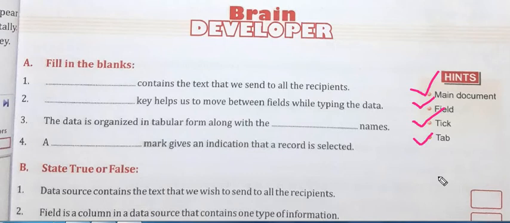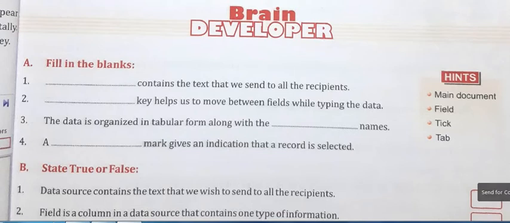If there is one exception, you have to uncheck the checkbox, so that the document will not be sent or printed. Only the checked records will be considered. Now next, true or false.